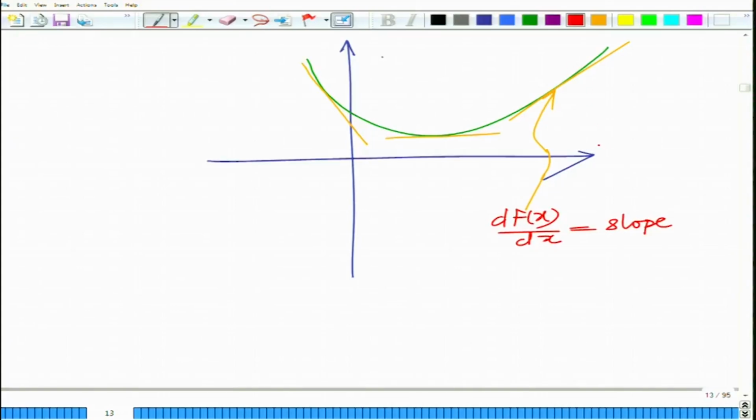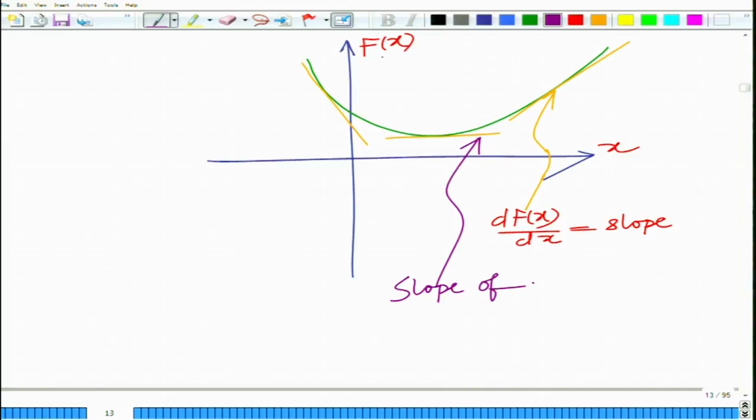So, this is your x and this is your f of x, and if you look at the slope of the function, which is given by the slope of the tangent at each point, you can see that the slope of the tangent or the derivative is increasing for a convex function.